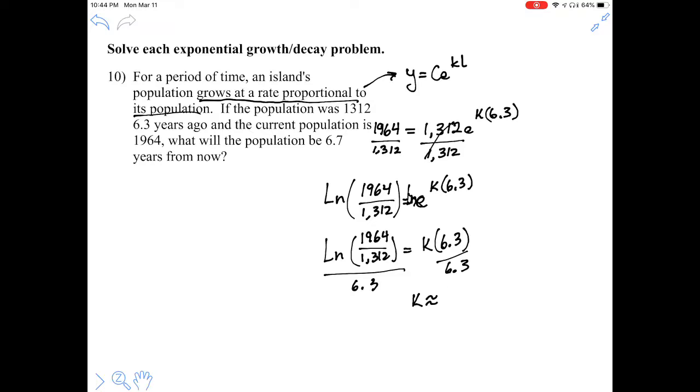So if we did 1,964 by 1,312, and then put that inside a natural log, and then divided that by 6.3, we're going to get 0.064.